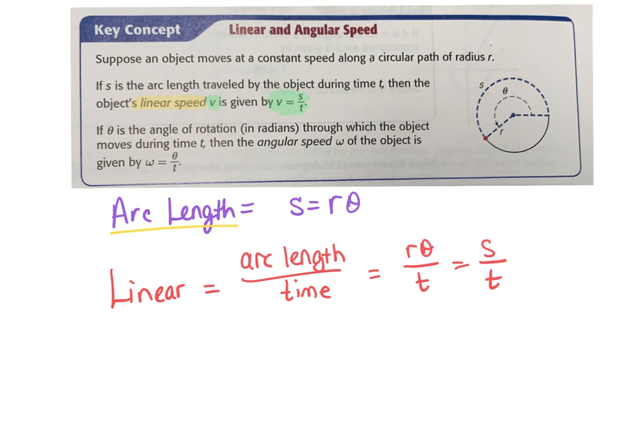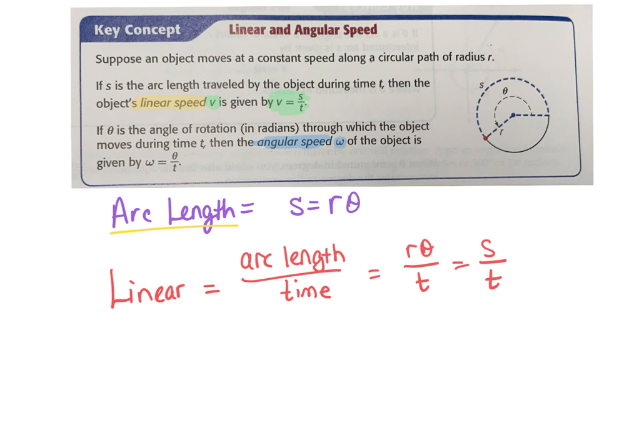If theta is the angle of rotation, so theta represents how far we're moving around, then you also have an angular speed. So that's the next one we're going to look at, is angular speed. It is represented by omega. This little w is a Greek letter, but it looks like a w. It's not a w.